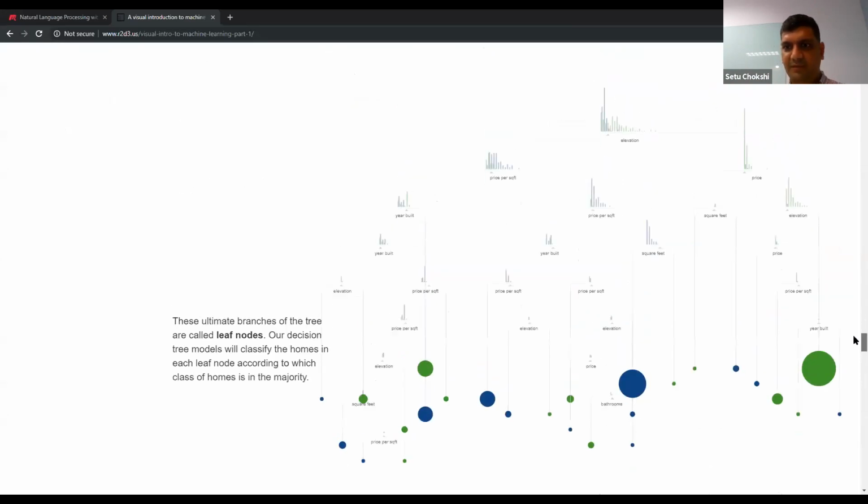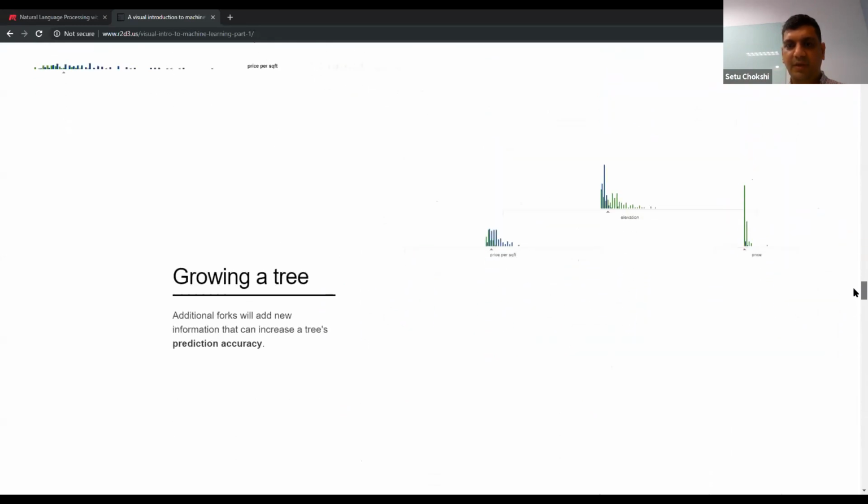okay, let me come back again. So the first part was elevation. We said that elevation at about 92 feet is anything less than or equal to 92 feet. I move it to the left branch, where I say everything is in New York, while on the right-hand side, I say everything greater than 92 is going to be in San Francisco.